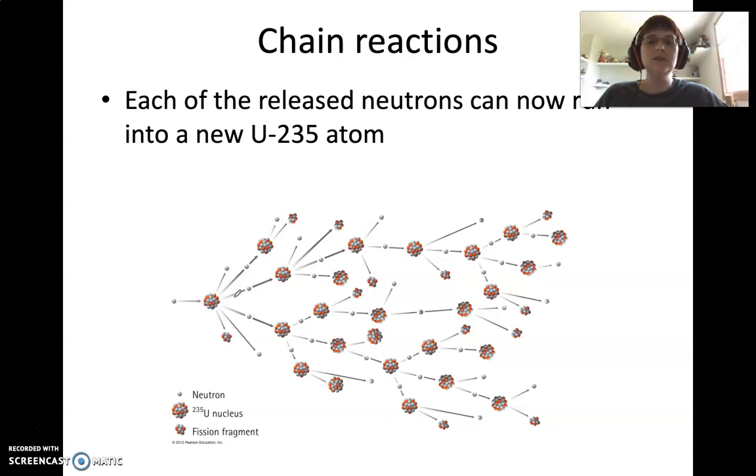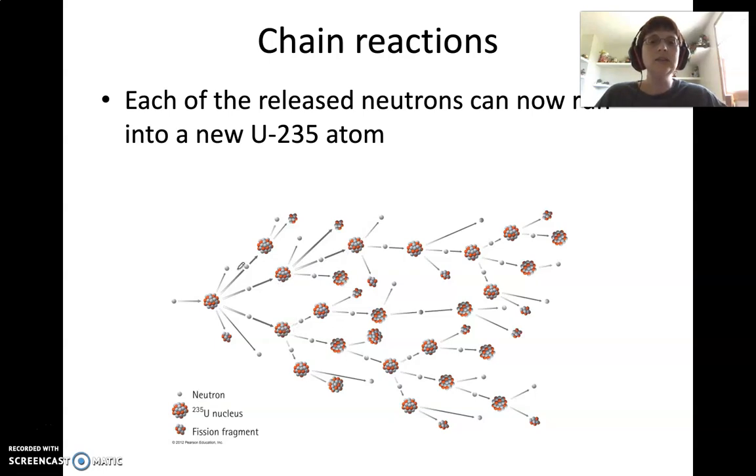Now here in this picture they're showing more off of the first one, not exactly sure why, because it's usually just the 3, but you've got 3 going off and hitting 3 more uranium-235s. Each of those has the potential of hitting new uranium-235s. This one doesn't hit anybody, but this one is going to hit 2. This one is going to hit 3.